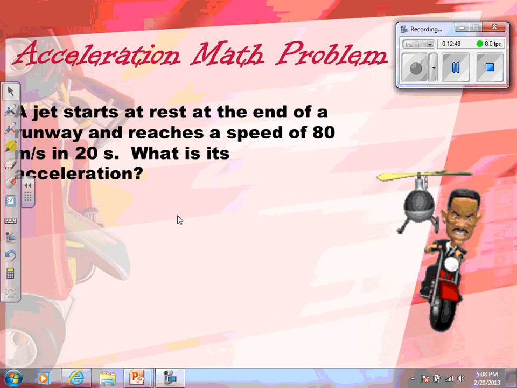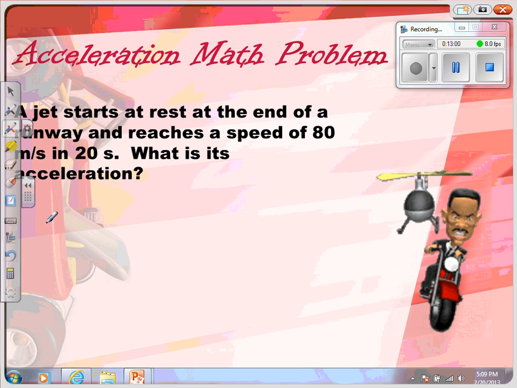Okay, so let's do a practice acceleration math problem. All right, you've got a jet. It starts at rest at the end of a runway. Okay, so again, I challenge you guys all the time, but write out what you know. It just starts at rest at the end of a runway. So if he's starting, that's his initial speed, or his V1.